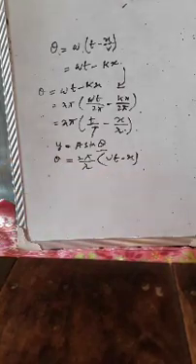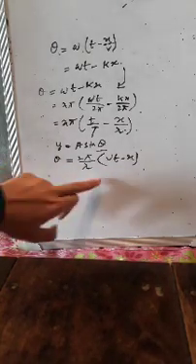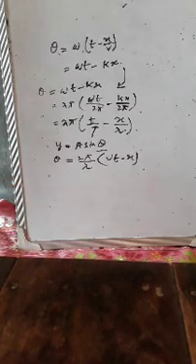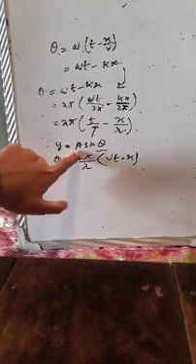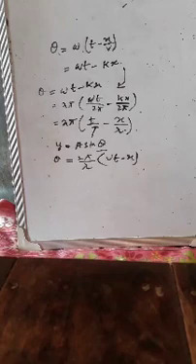If a progressive wave is not damped, that means the wave is completely dry, not wet, then the amplitude of vibration A always remains constant.